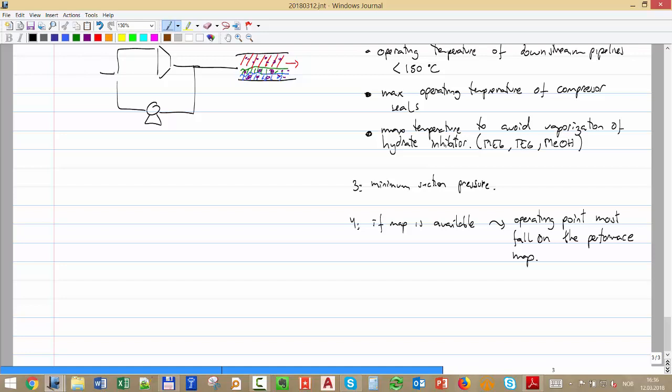Okay. Now, how does the performance map of a compressor look like? What do we put here on the y-axis? Do we have someone from process? No. Here we put pressure ratio or something indicating pressure ratio.